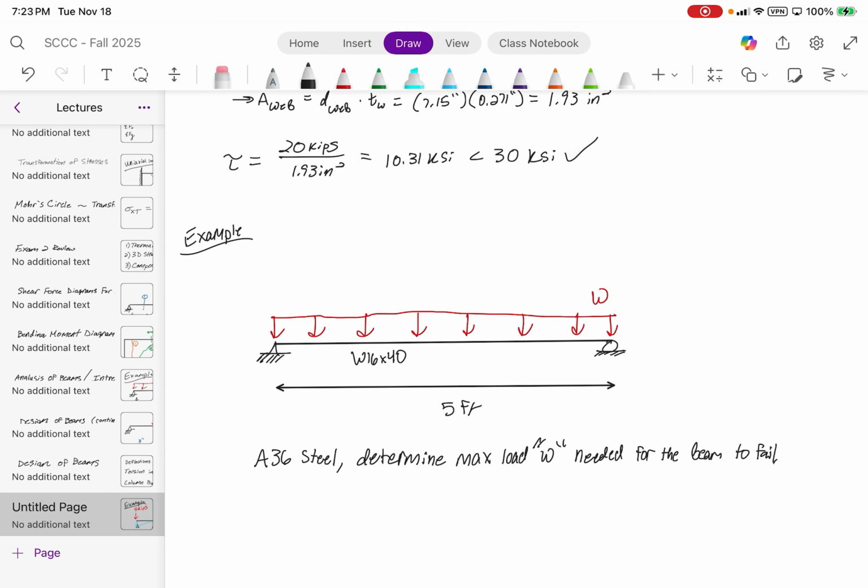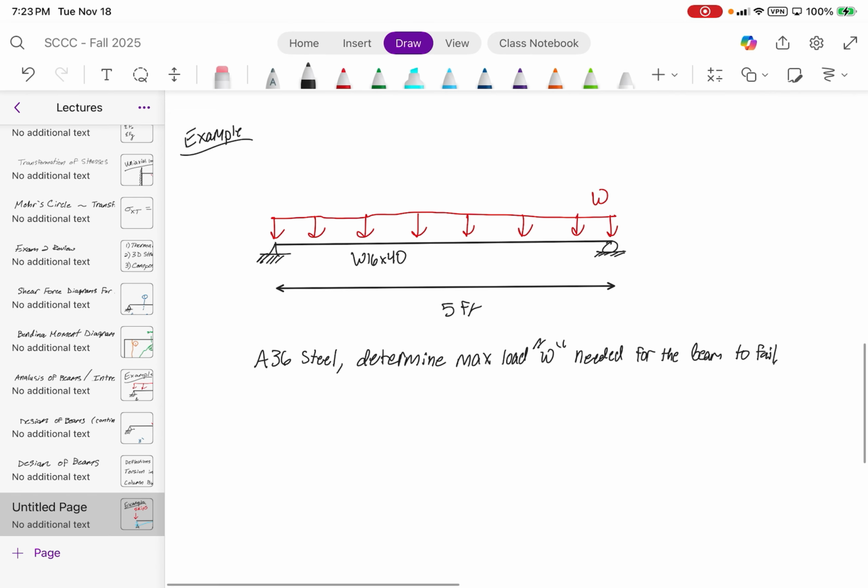All right. So, Joseph, since you said you solved it. I'm kidding. All right. So, first part of this problem, we don't know what W is, which means that M max is unknown and V max is unknown.